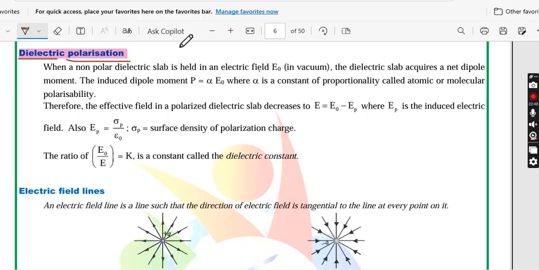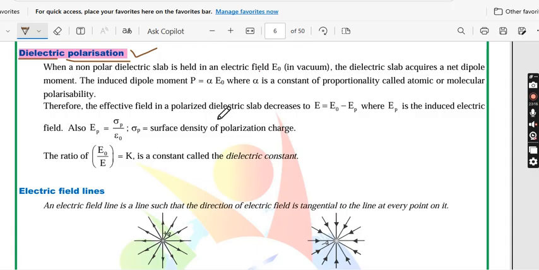What do you mean by dielectrics? In the previous sessions I have discussed dielectrics. Dielectrics are non-conducting substances, which will not conduct any electricity. In contrast to conductors, they have no charge carriers or a negligible number of charge carriers. Such substances are called dielectrics.